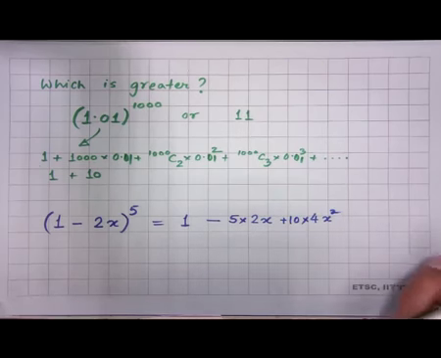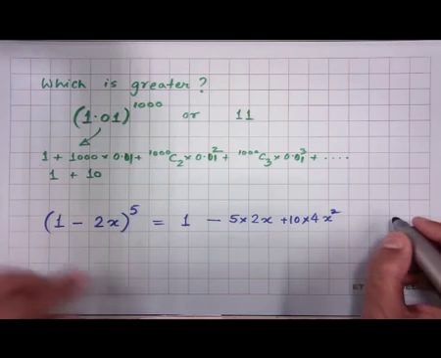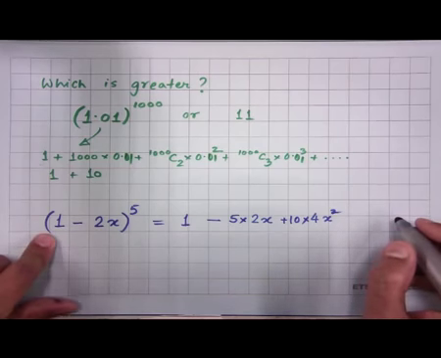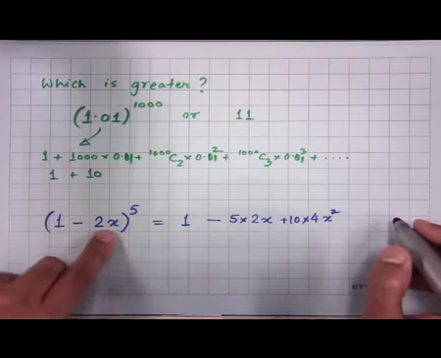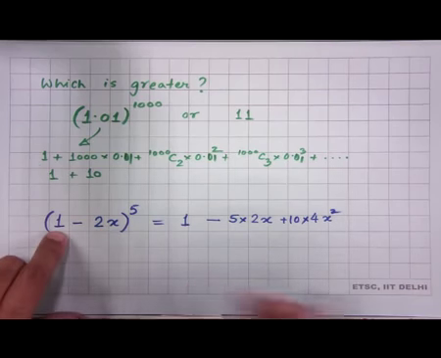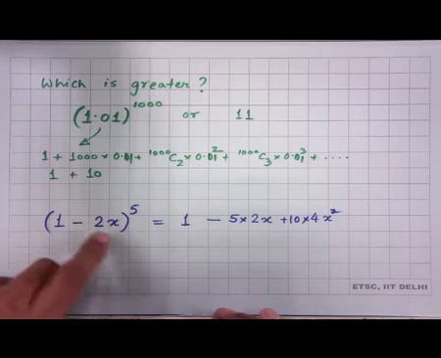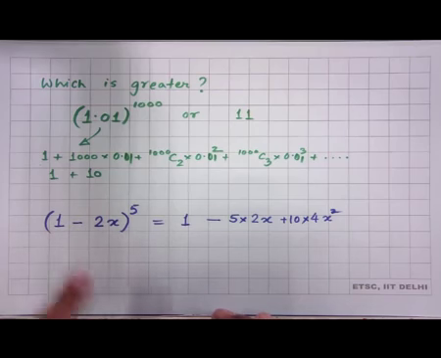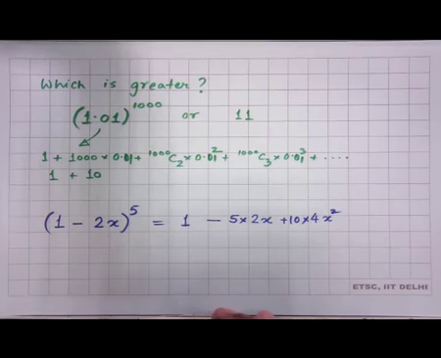Then the next term you are going to pick 1 only 2 times and 2x 3 times. So, if you pick 1 2 times, that gives you a 1, and into minus 2x into minus 2x into minus 2x 3 times.